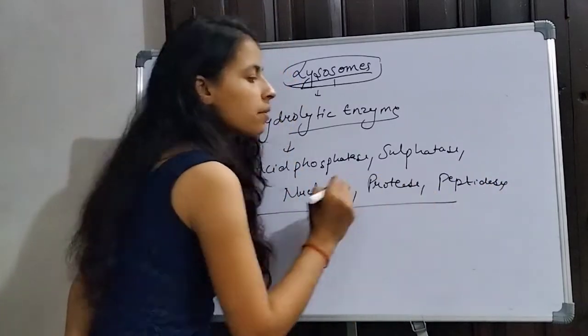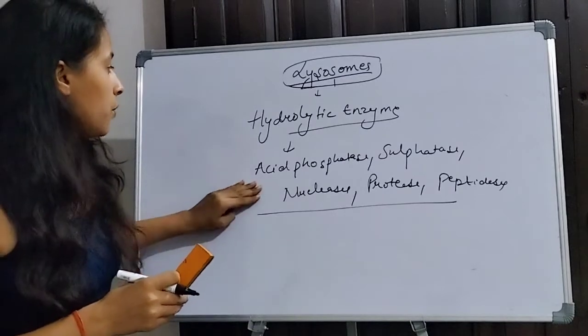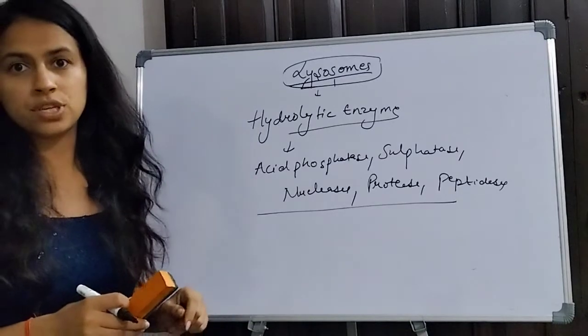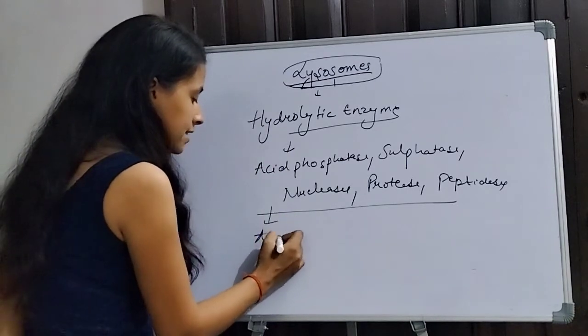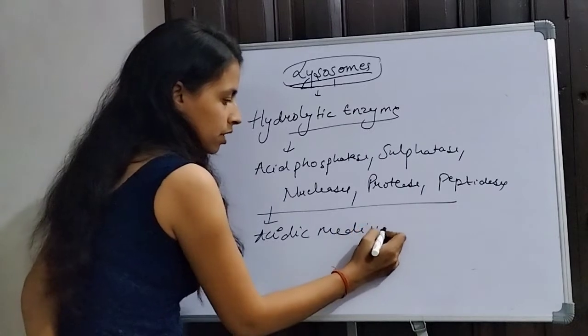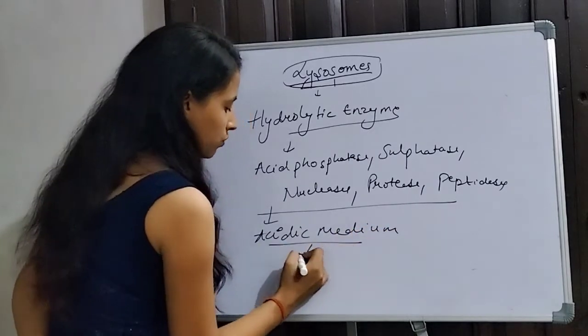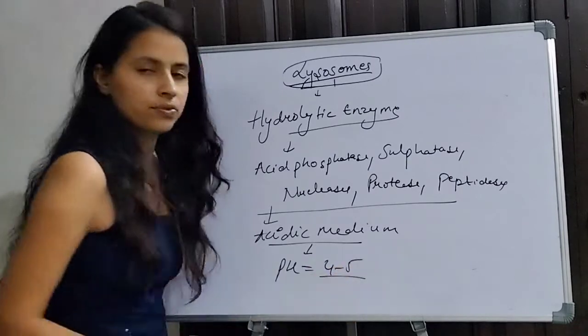These are the enzymes which are acidic in nature, and these are hydrolytic enzymes, and they function in acidic medium, mainly acidic medium, and the pH of this acidic medium is 4 to 5.